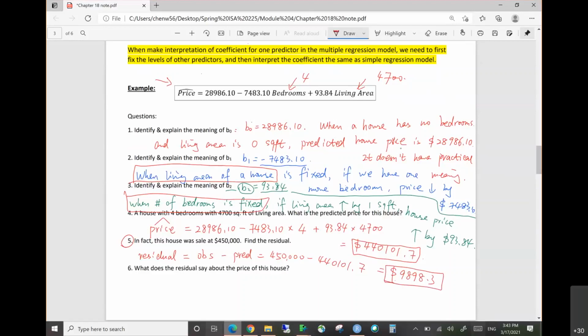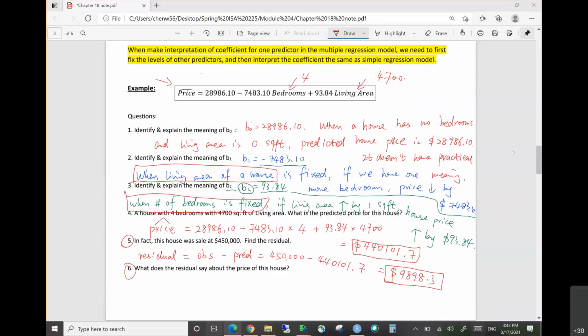Last question. What does this residual say about the price of this house? Try to make a discussion. What does this residual say? Julia. That the house is more expensive than we predicted. Perfect, right?